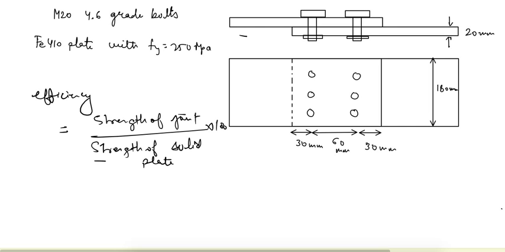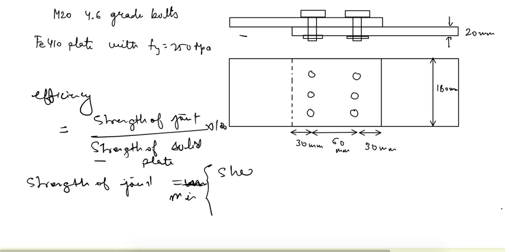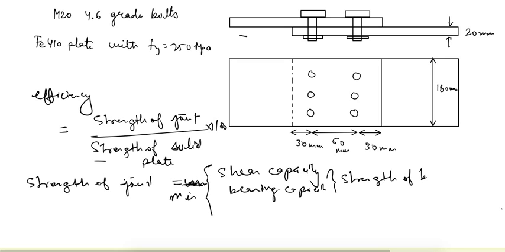The strength of solid plate is governed by the yield strength of the plate, whereas the strength of the joint is the minimum of three things: shear capacity of bolts, bearing capacity of bolts, or these two terms we can say it is the strength of bolts, and the other thing is strength of plate at critical section.